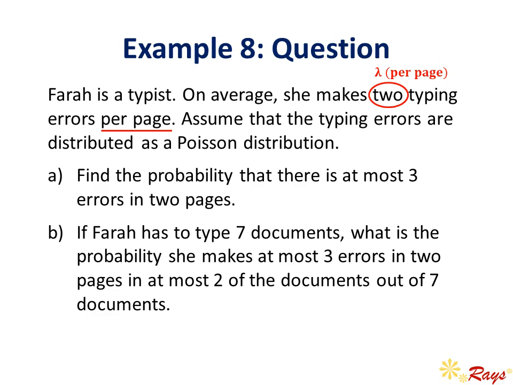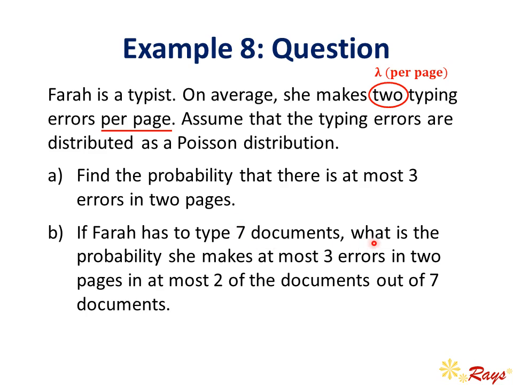If you look at question A, we are asked to find the probability that there are at most 3 errors in 2 pages. So we know the drill here. First, we need to find the new lambda. We are given lambda per page, so here we need to find the lambda for 2 pages. And then after that, we find the probability for at most 3 errors. But if you look at question B, it says that Farah has to type 7 documents. It looks like this one is a binomial and we have 7 number of trials.